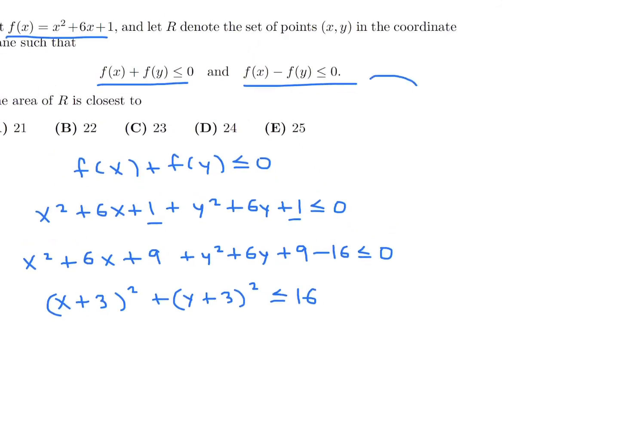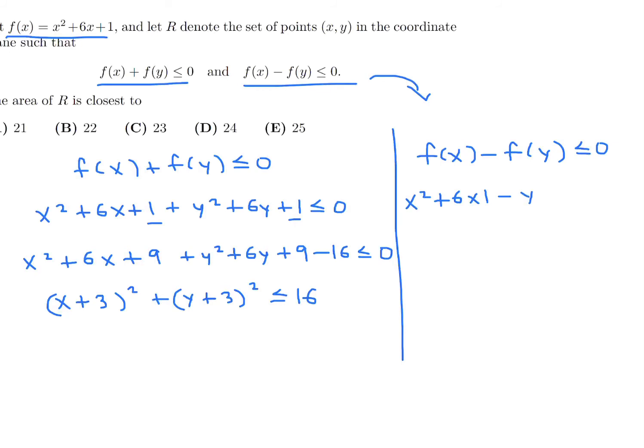Now let's deal with this guy right here. So we have f at x minus f at y is less than or equal to 0. So that means x squared plus 6x plus 1 minus y squared minus 6y minus 1 is less than or equal to 0. And this becomes x squared minus y squared plus 6x minus 6y, because the 1's cancel, is less than 0.